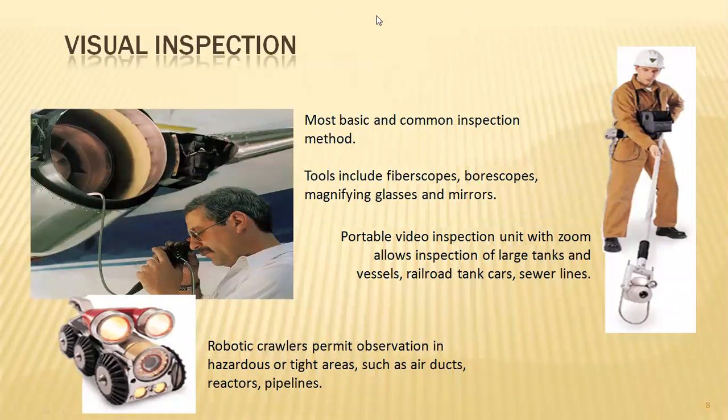Coming to visual inspection. In visual inspection, the basic sources are periscopes, fiberscopes, borescopes, and different types of magnifying glasses or mirrors.